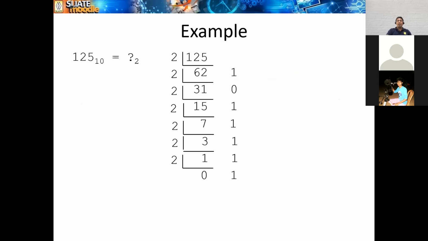Within 125. See, 125 is divided by 2. Then you have 62. This is the remainder. Then again 62 is divided by 2. You have 31. හරියට බෙදන්න ඕන. No remainder. And then again 31 is divided by 2.